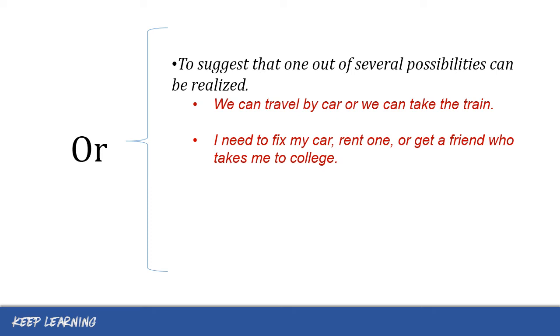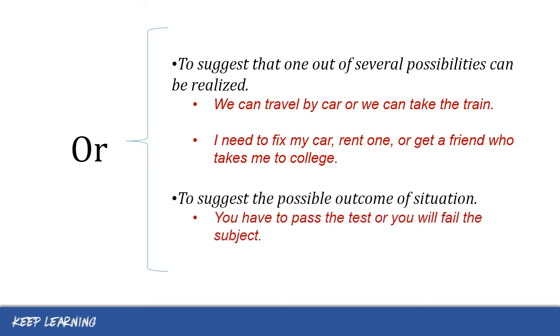You choose. What happens when you have more options? Well, it's simple. You work it with commas and the connector or. Like here, I need to fix my car, rent one, or get a friend who takes me to college. In that case, you have three options, and you can have as many options as you wish. Or is the right connector for that.